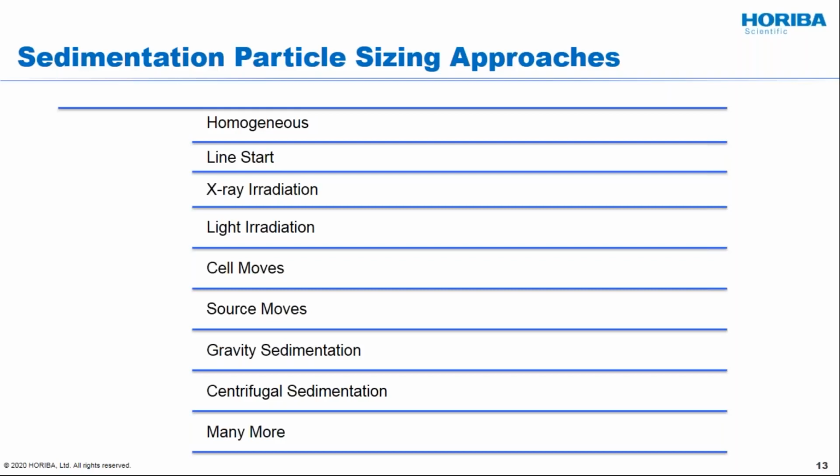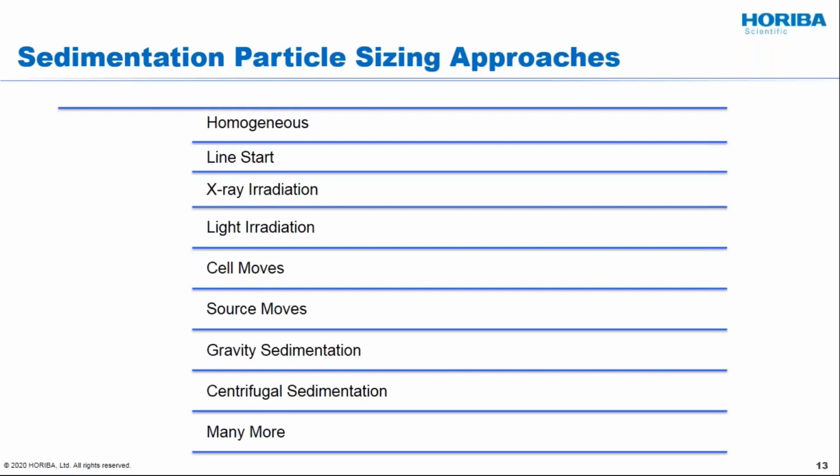When you do the technique, there are two different ways of doing this. You could have your cell move up and down in front of, let's say, your X-ray beam to speed up your measurements so you didn't have to wait so long for it to settle. Or you could also have the X-ray beam itself just scan up and down throughout your cell so that you could, again, speed up the analysis.